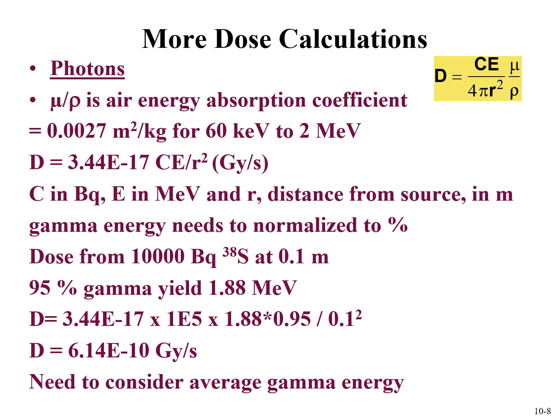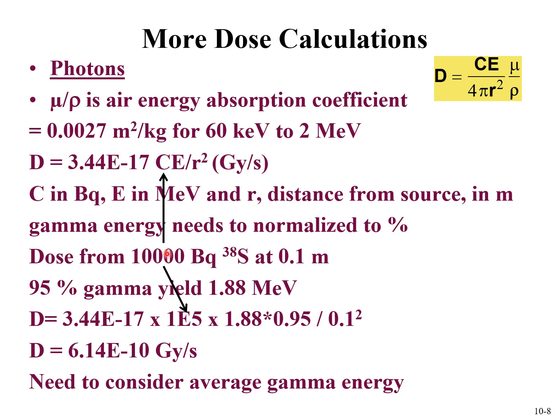So as an example, let's consider a case where we have 10,000 becquerel of sulfur-38 at 0.1 meters. We know that if we look up, there's a 95% gamma yield for a 1.88 MeV photon. So we could take these values and substitute them into our equation that's shown here. So D is equal to our constant, and we multiply that by the activity.